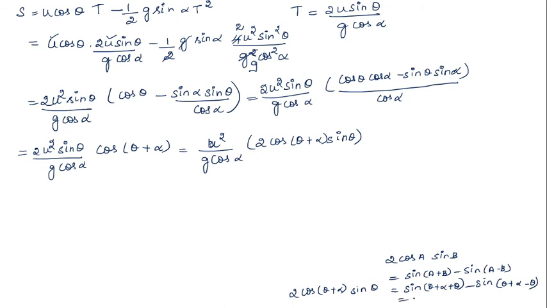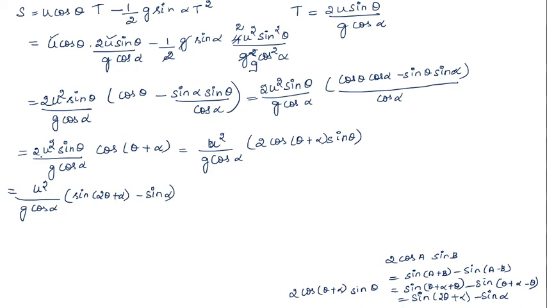It will be sin of 2 theta plus alpha minus sin of alpha. So I can write it directly: u squared by g cos alpha into sin of 2 theta plus alpha minus sin alpha.